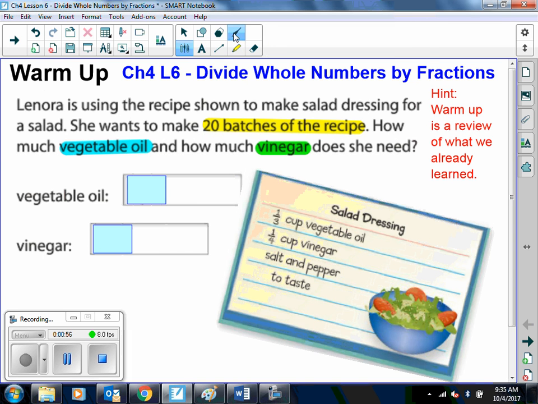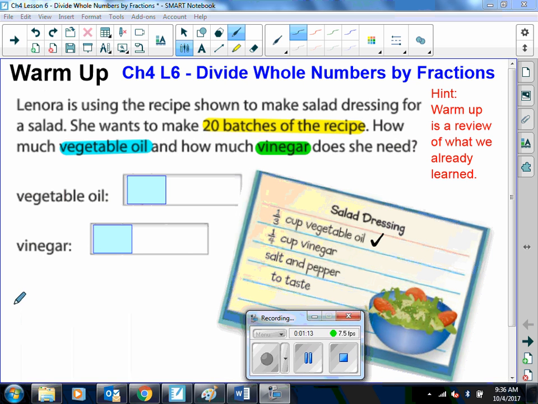So, in order to get that, for vegetable oil, here's the vegetable oil. Here we need 1/3 cup for one batch, right? So how do I find out how many I need for 20 batches? Very good. We're going to do 1/3 times 20.